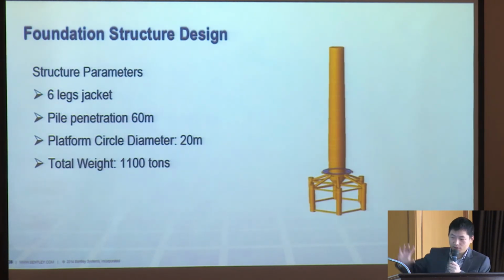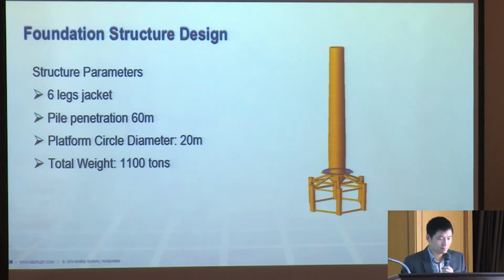And from the design information, they choose a 6-leg jacket for this wind farm. 이 윈드팜 같은 경우에는 6개의 레그 자켓을 사용을 했고요. And the pile penetration is 60 meters, and the platform circle diameter is 20 meters.